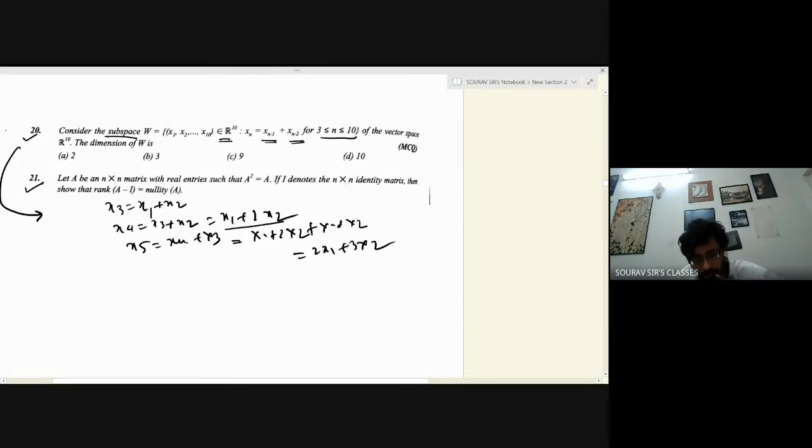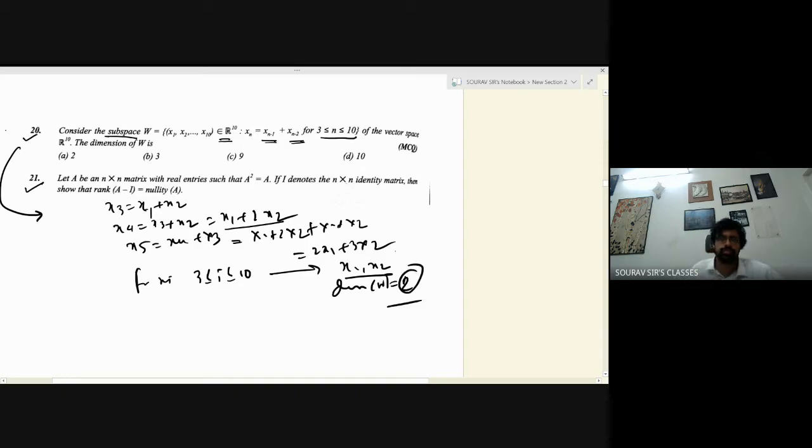Thus every xi, for 3 less than or equal to i less than or equal to 10, can be expressed as a linear combination of x1 and x2. So it is a linear combination of two variables, and the dimension of W is 2. Dimension says how many different variables you need to represent the given structure. That's it.